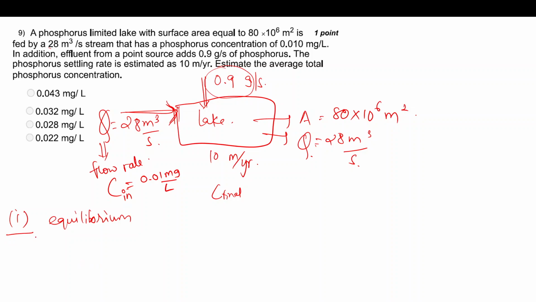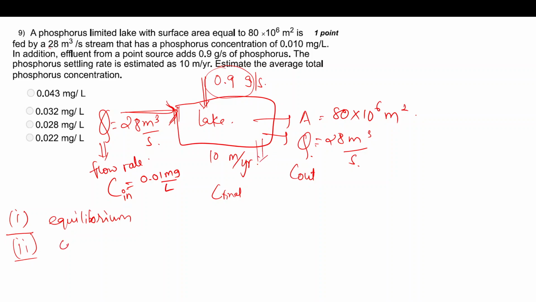And the second assumption, for simplification, is that whatever concentration of phosphorus is coming out, the same is available in the lake. So you can say that there is perfect mixing inside the lake, so whatever is there inside will come out.